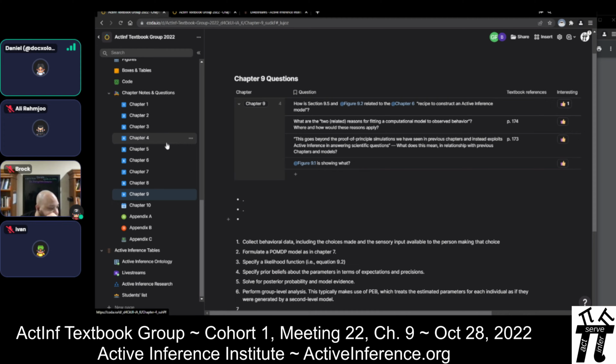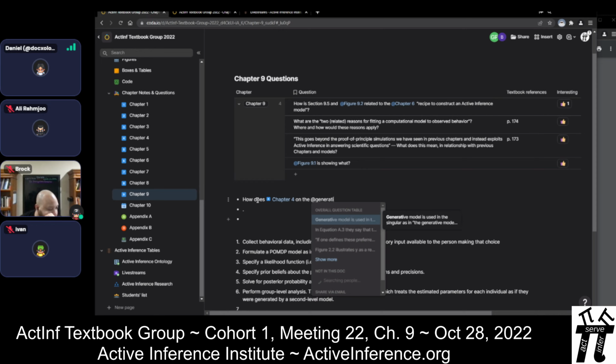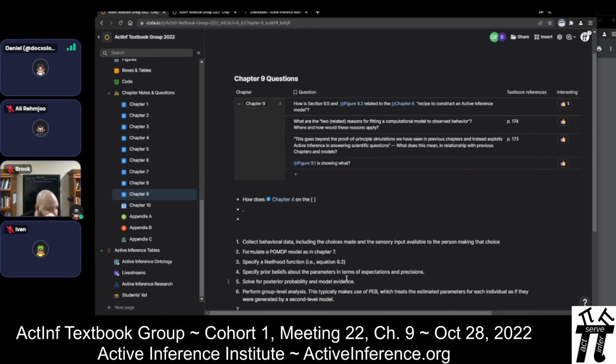How does Chapter 4 relate to Chapter 9? What does Chapter 9 address? What do Chapters 6 and 9 address that Chapter 4 doesn't?